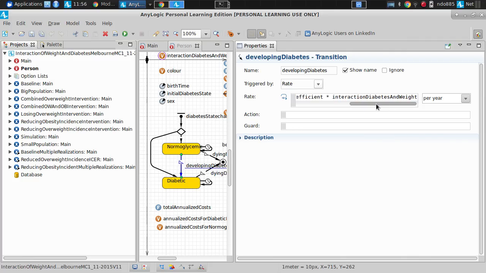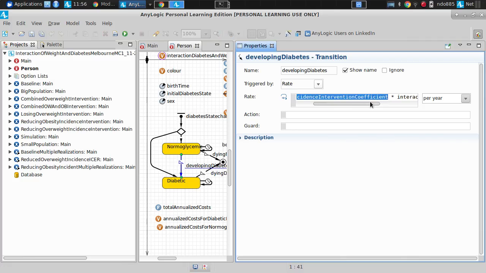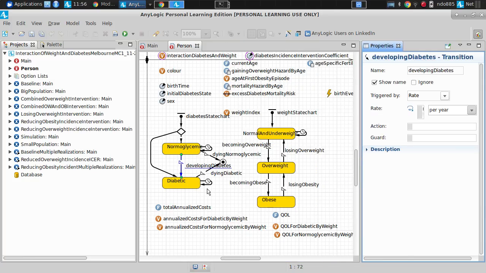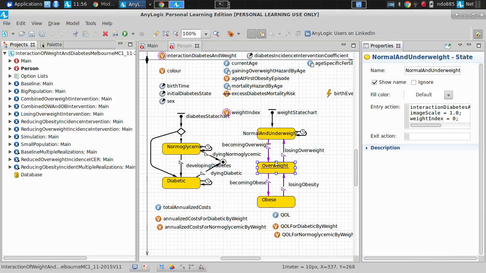So there's something called interaction diabetes and weight. That was a name people in the group decided on, and that factor basically took into account their current weight status.